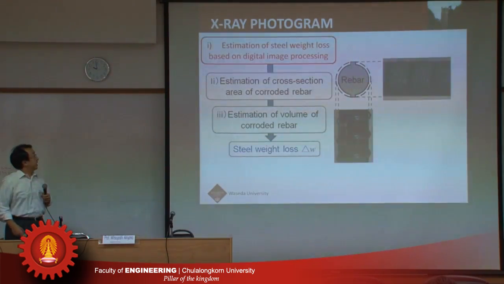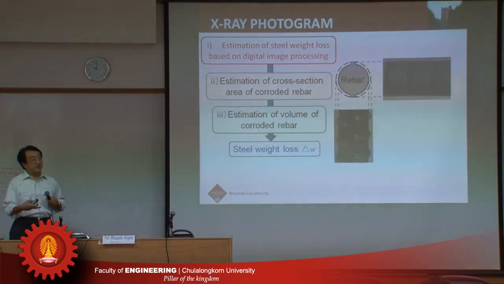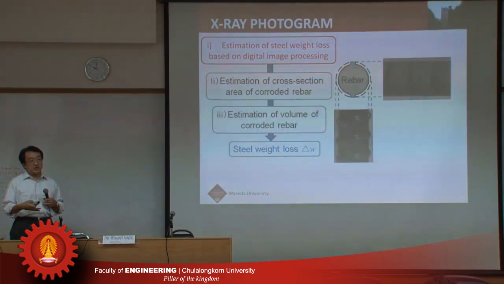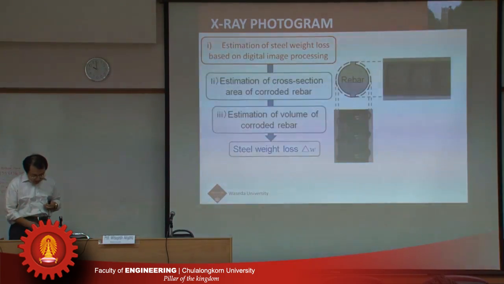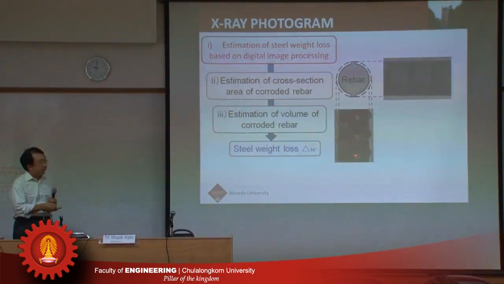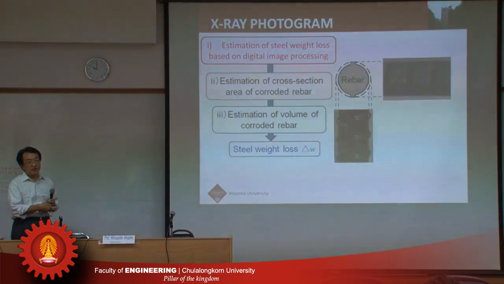So I explained the procedure for estimating the steel weight loss based on digital image processing. This consists of 3 steps. This is the typical deformed rebar used in Japan.